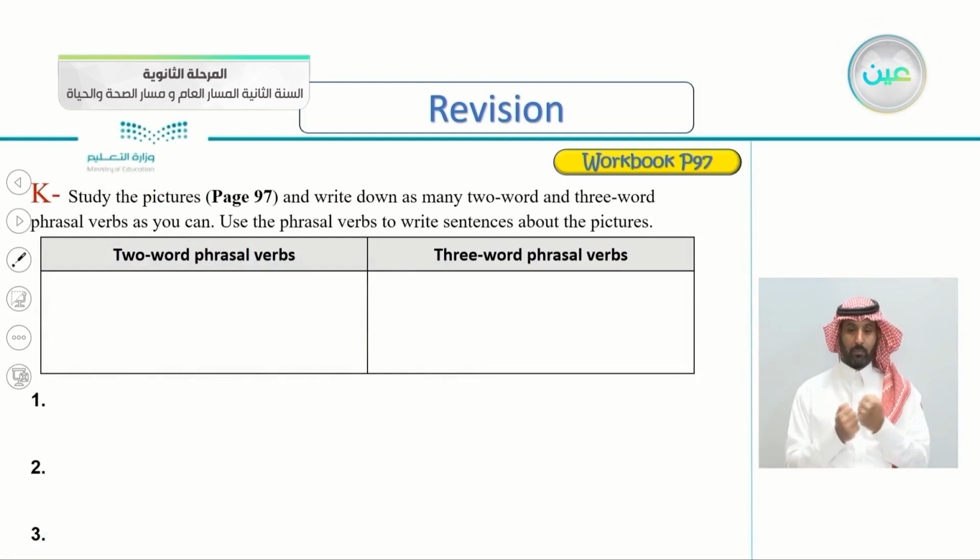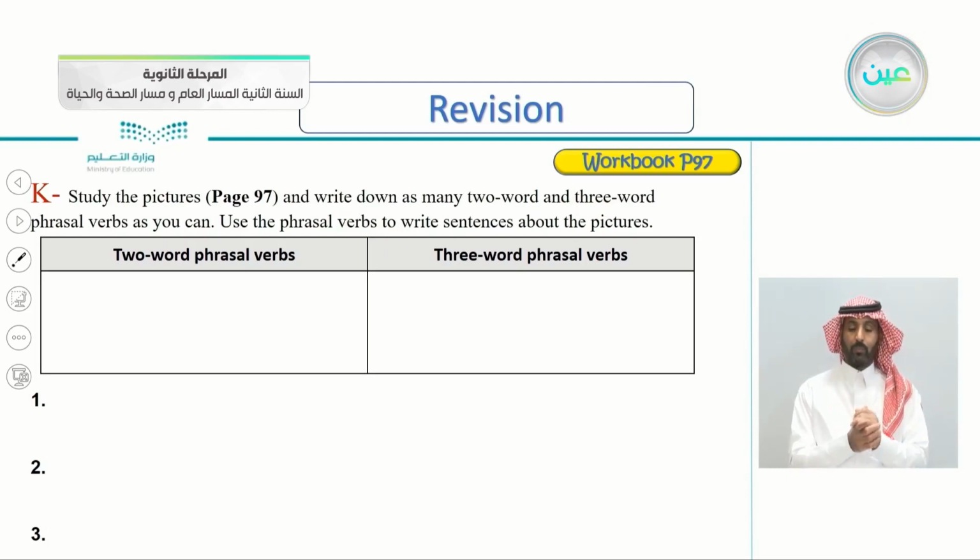Exercise K here, page 97. So turn to page 97. Study the pictures. So open page 97 and look at the pictures and write down as many 2-word and 3-word phrasal verbs as you can. If you remember the 2-word and 3-word phrasal verbs.